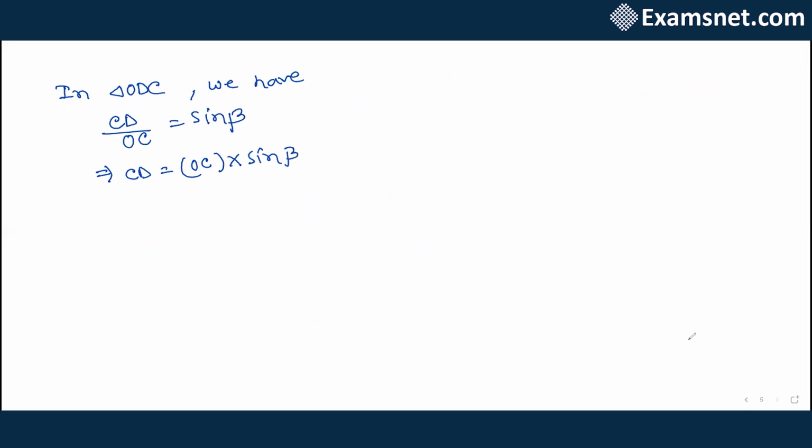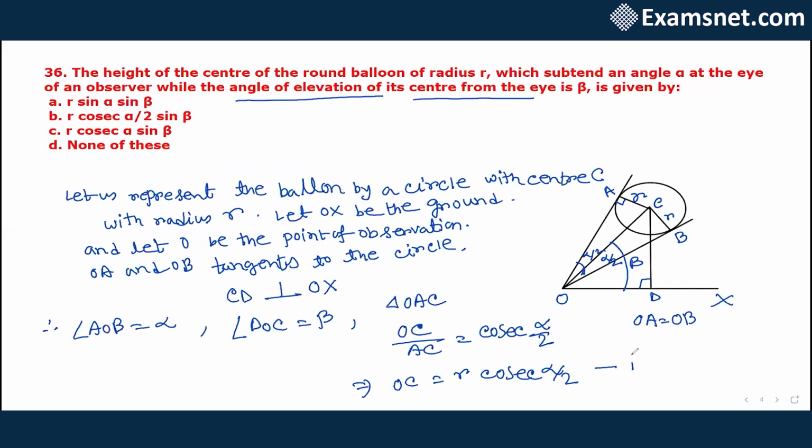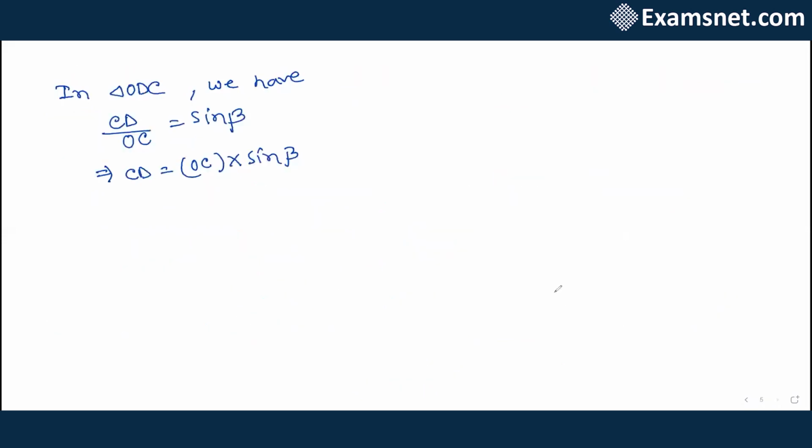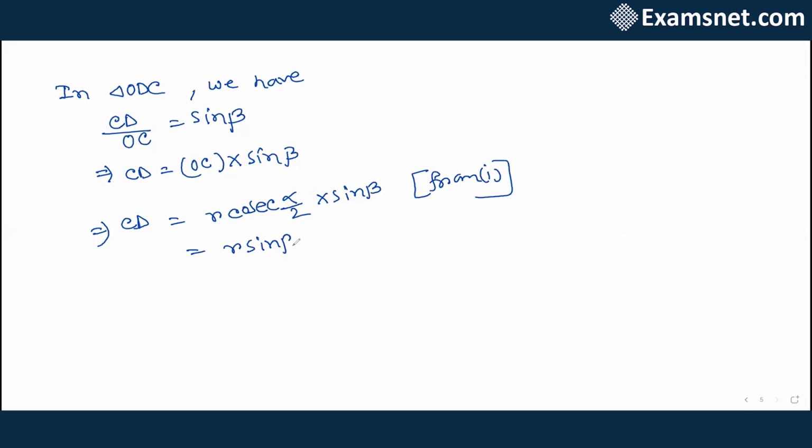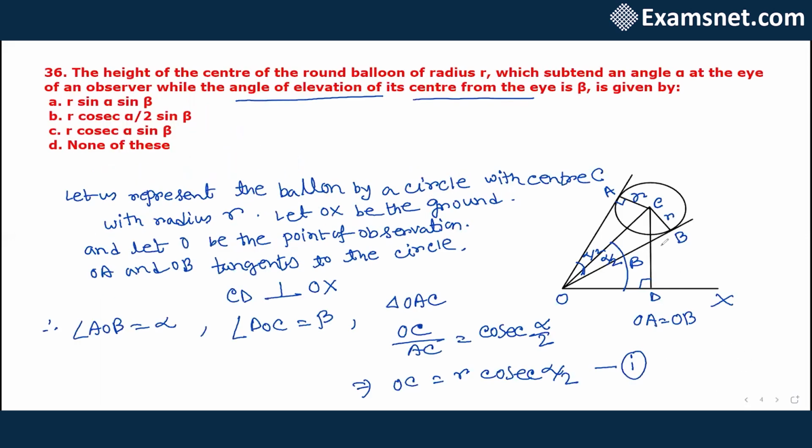Now the first result we can name as equation number 1. We have already got the value of OC from there. So CD equals OC multiplied by sine beta, that is R cosec alpha by 2 multiplied by sine beta. That means CD becomes R sine beta cosec alpha by 2. Here CD refers to the height of the circular balloon from the ground.